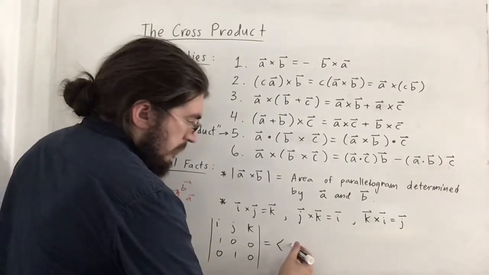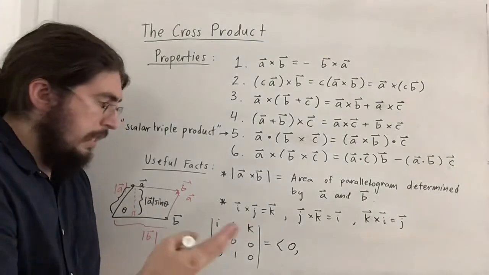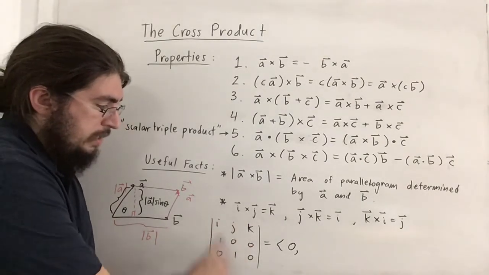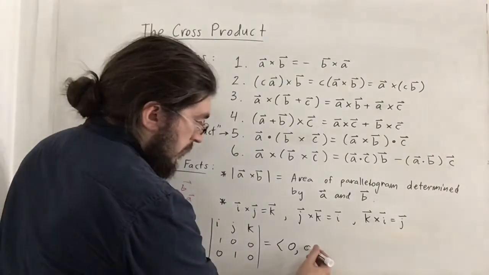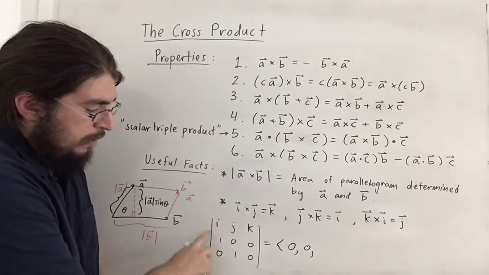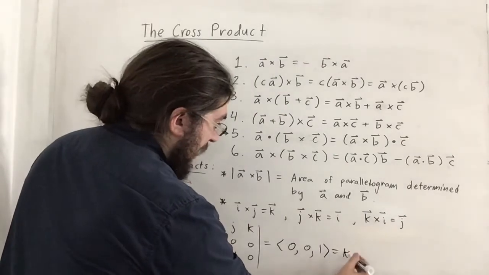So you see if 0 is involved, then in each diagonal it becomes 0 itself. For the j one, if you remove j and the j row and j column, you get 1 times 0 minus 0 times 0, so that's also 0. And then finally for k, if you remove the k row and k column, you get 1 times 1 minus 0 times 0, and that's 1. And notice this is exactly k.